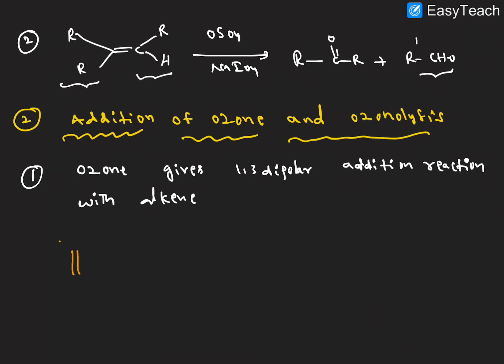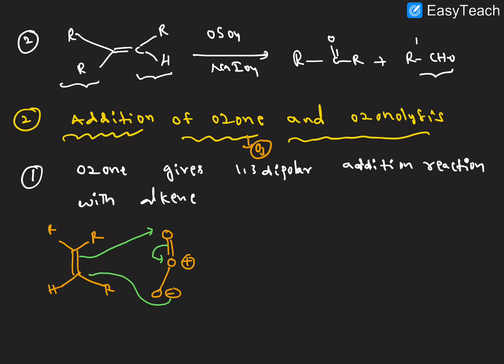So here this is one alkene I am taking, this is R, and here hydrogen and R. Ozone I am taking as O3, the ozone formula is O3. So I am representing O3 like this, with O positive here and negative here. Now this bond is shifting here, and this minus charge is going to bind here.